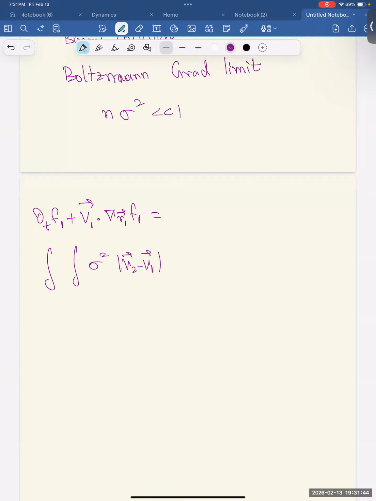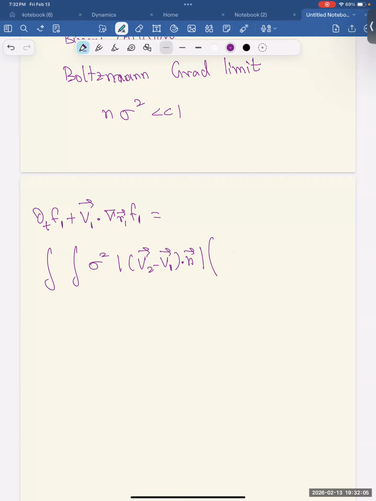This is always the differential velocity. In fact, let's write this more carefully: V2 minus V1 dot N, and the magnitude of that.